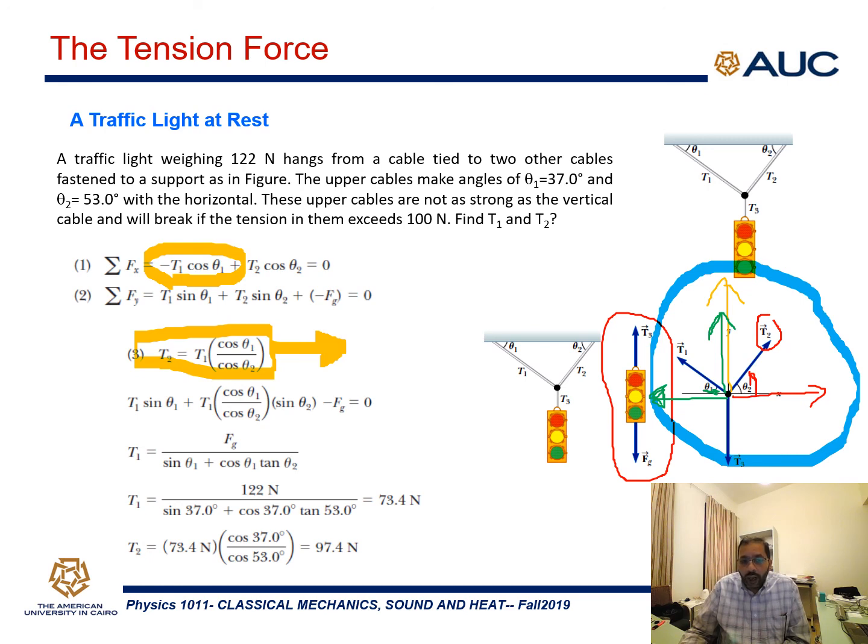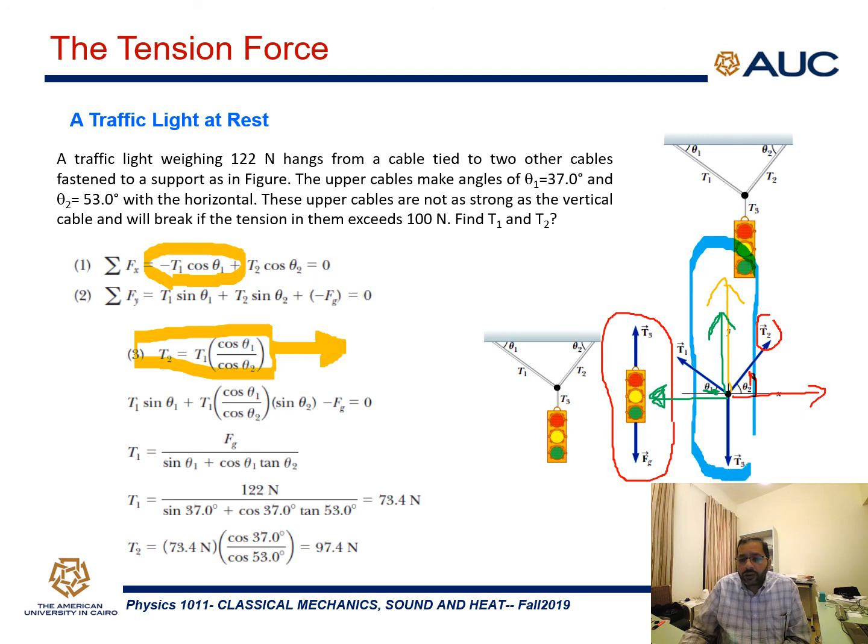However, if we take the forces along the y-axis, we can say that T1 sine theta 1 plus T2 sine theta 2 minus Fg equals 0. We took these two forces as positive since they are pointing upwards, and the force pointing downwards we take as negative.